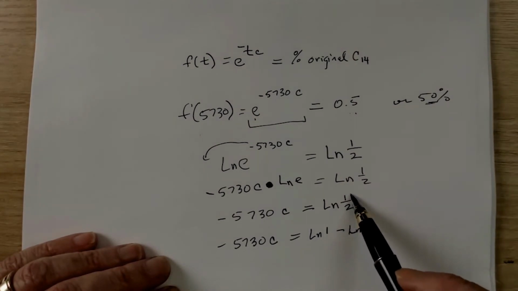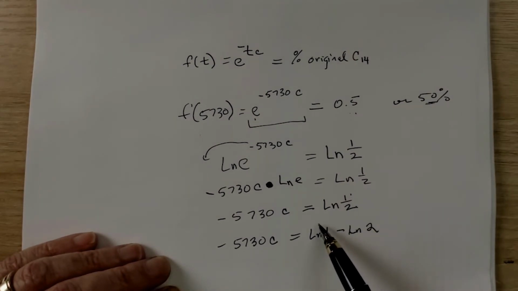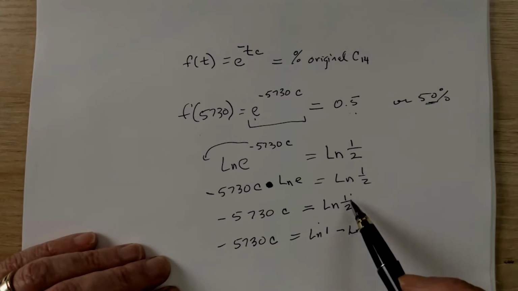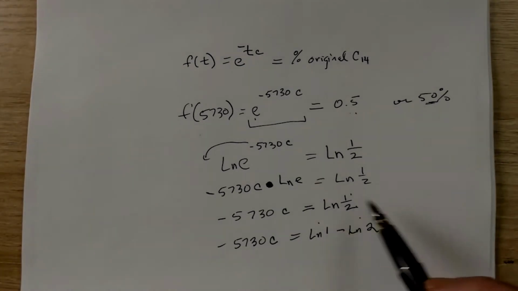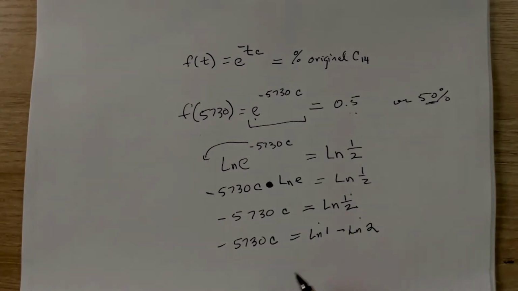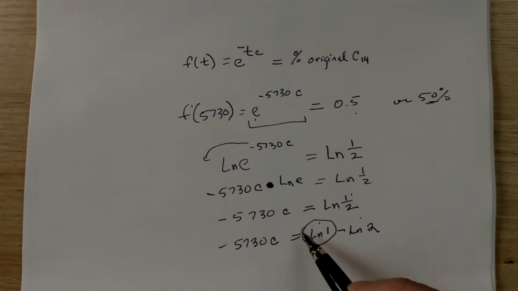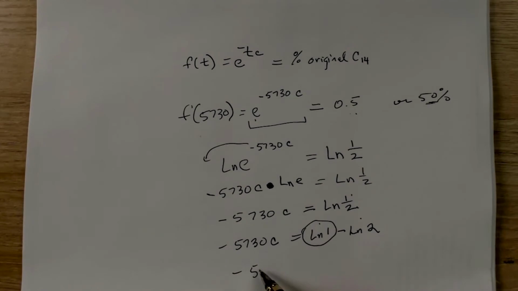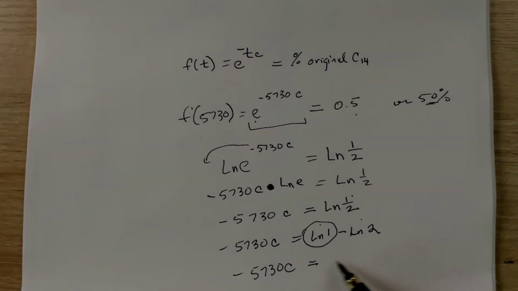Because when we have 1 over 2, we can take the log of 1 minus the log of 2 and find the log of 1 over 2. Now, this number right here equals 0. So, negative 5,730c equals negative natural log of 2.